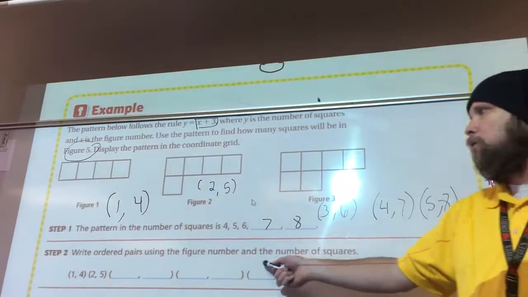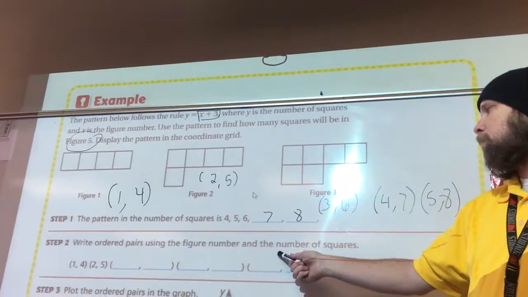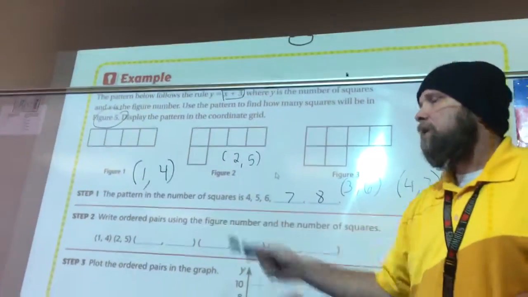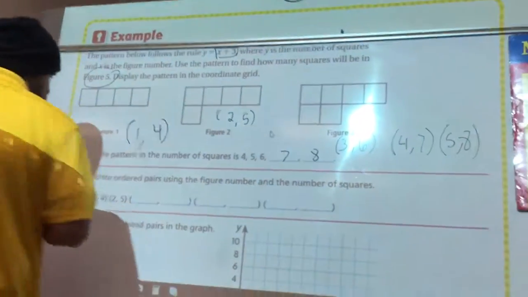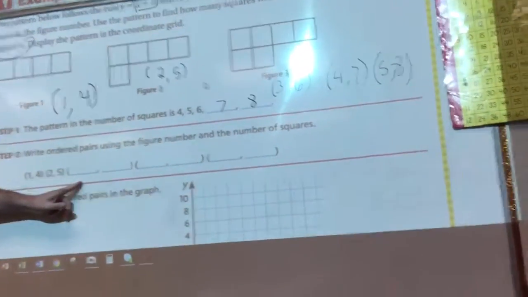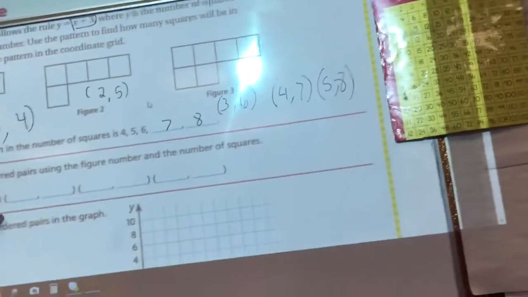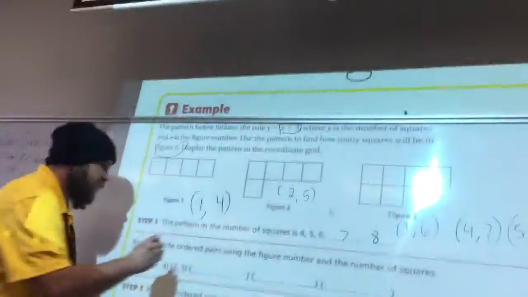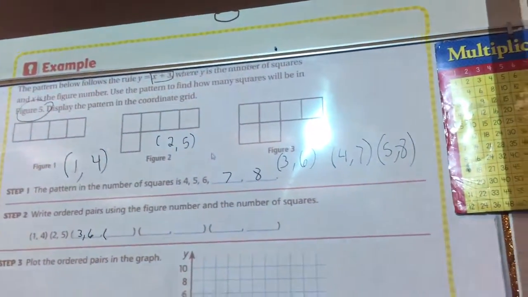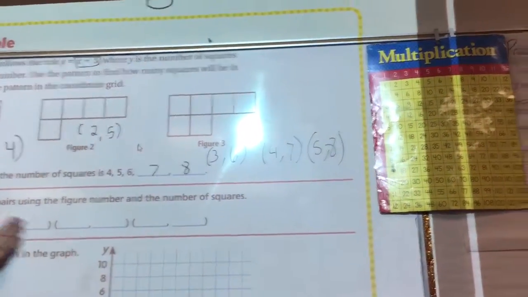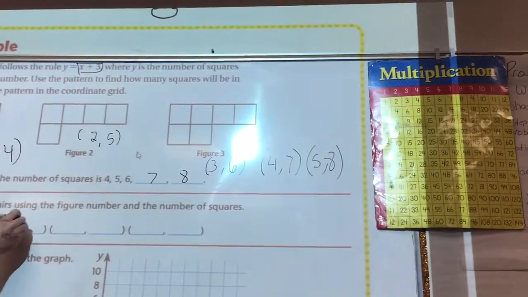So then we write the ordered pairs using the figure number and the number of squares. It gave us 1, 4. It gave us 2, 5. Addison, what's the next ordered pair here? 3, 6.